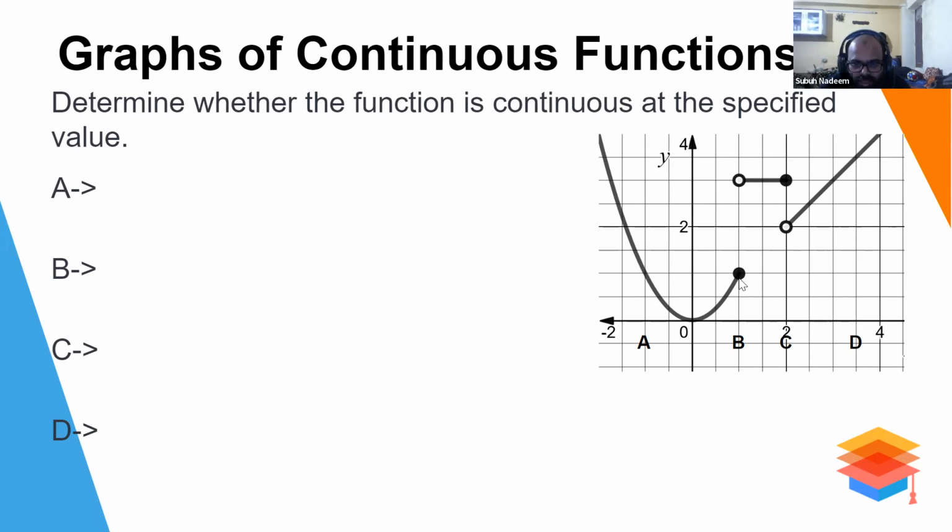After B plus, where do we go? At B plus, this is the value. At B, this is not included, but at B plus, this is included. And at B, this is the lower value.